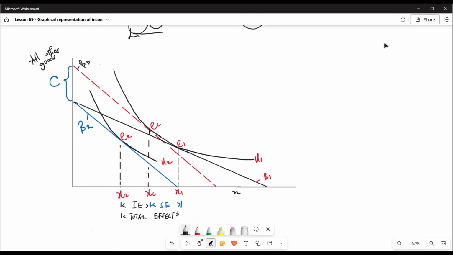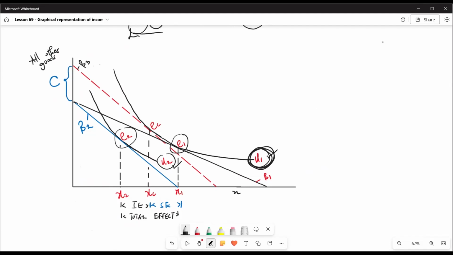The price of good X has increased and Ella moves from one equilibrium to another, which means that she's moving from one indifference curve to a lower indifference curve. To isolate the substitution effect, we will have to give Ella enough income so that even though the price of good X has increased, she doesn't move from U1 to U2. So she's staying on the same indifference curve.